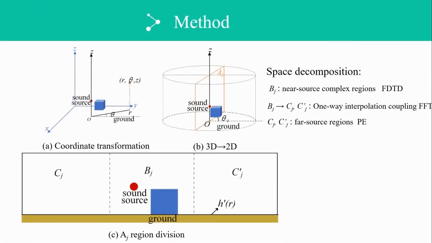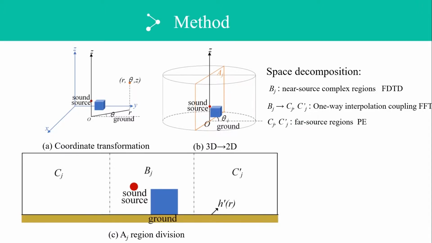In the simulation stage, in order to use the FDTD-PE method to simulate three-dimensional scenes, we first partition and discretize the three-dimensional space, as shown in the figure. In figure A, because the PE method depends on the propagation direction of sound waves to simulate, we transform the scene information from the rectangular coordinate system to the cylindrical coordinate system.